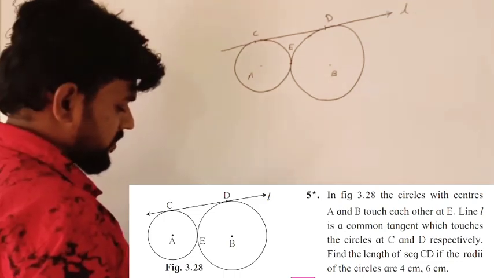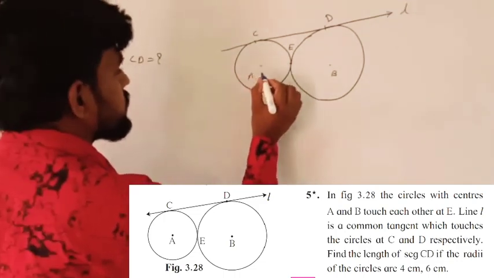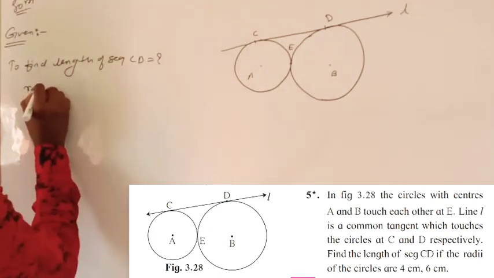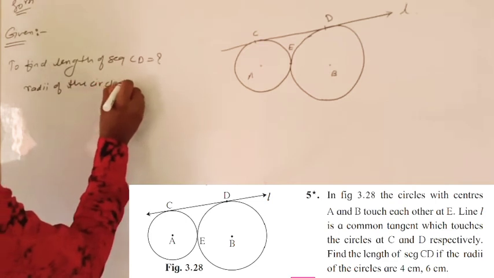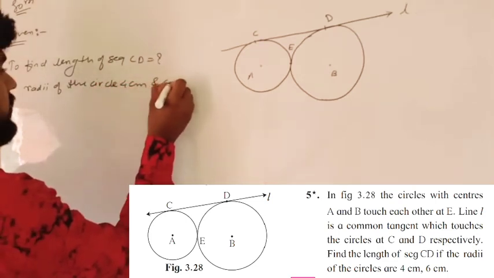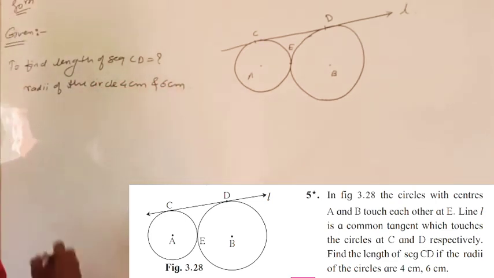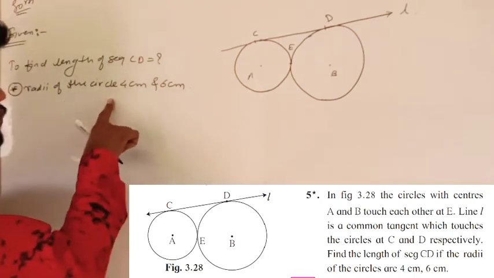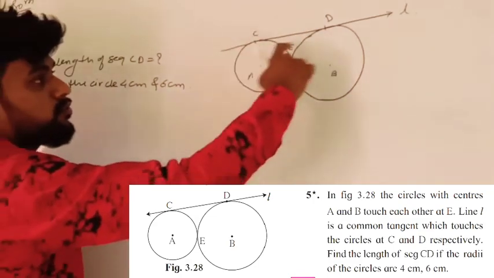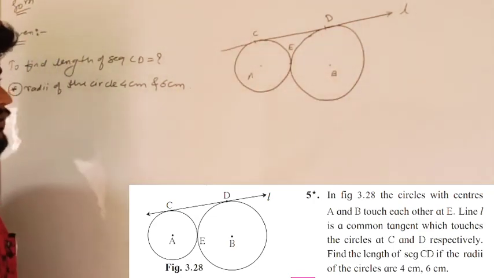The radii of the circles are 4 centimeters and 6 centimeters. This is a very important topic, and this is the only clue to find CD. There is no other clue.